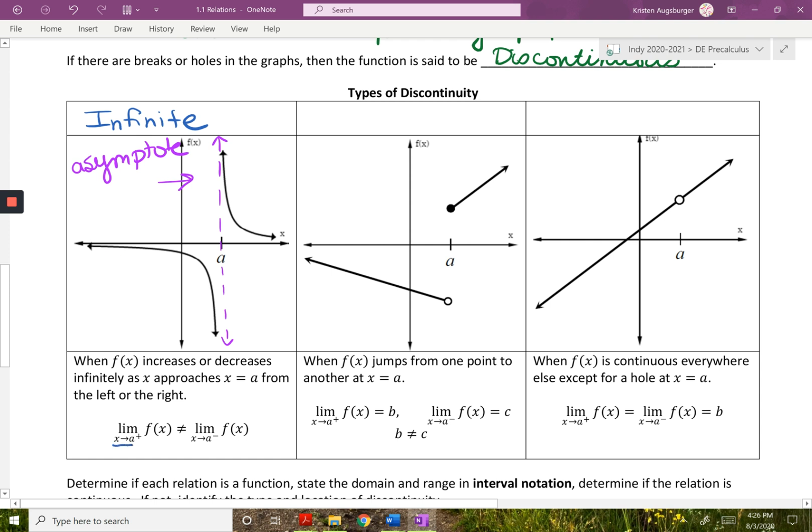This is saying x, and the sign will tell you what side, coming from the left or coming from the right. This one, just that value from the right to infinity, as I come from the left to infinity.